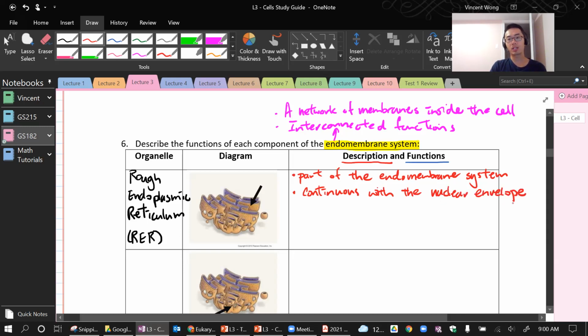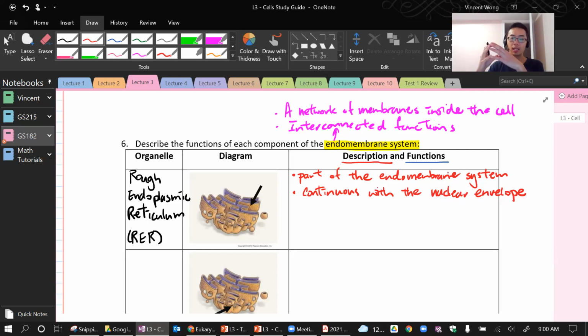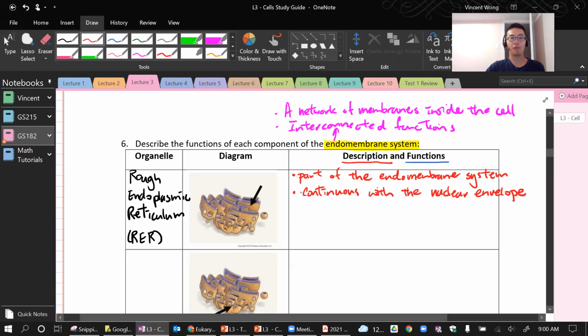We haven't really talked about the nuclear envelope yet, but very simply, you have your nucleus in the center where the genetic material is found, and the nucleus is surrounded by the nuclear envelope. That envelope continues to extend outward and forms the rough ER.